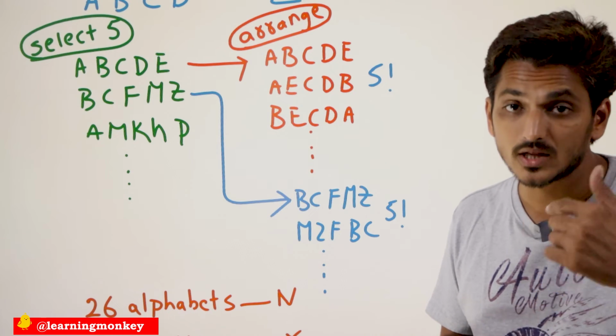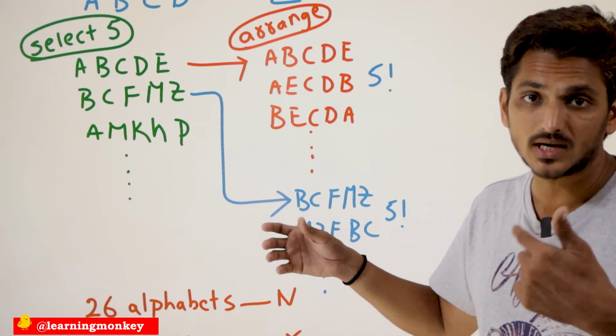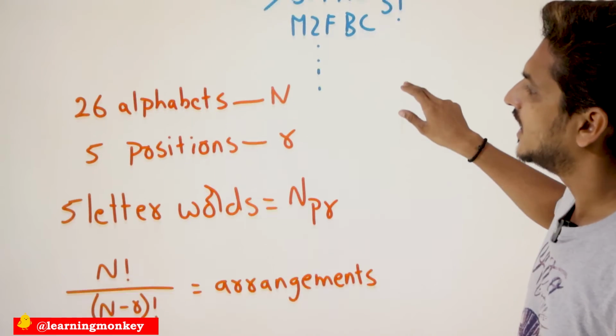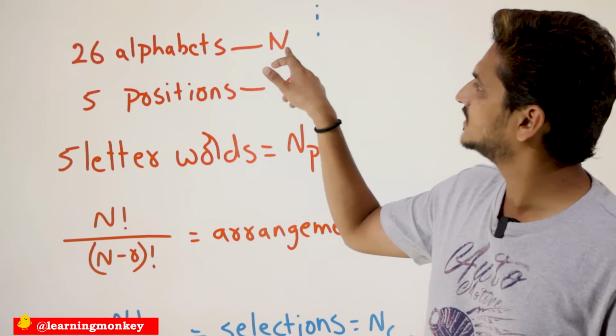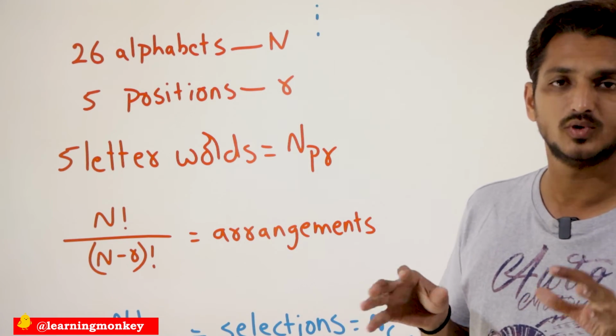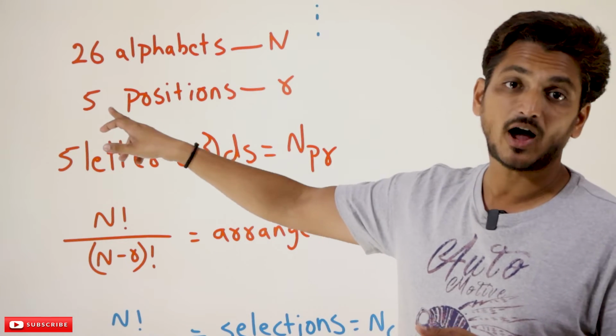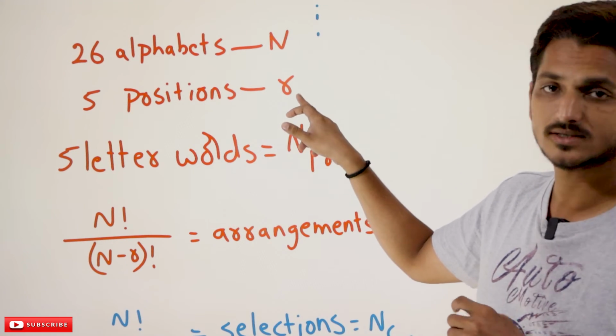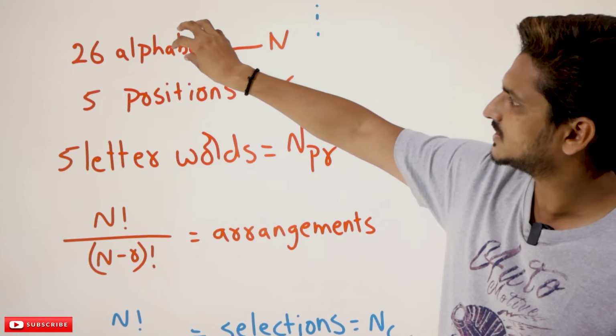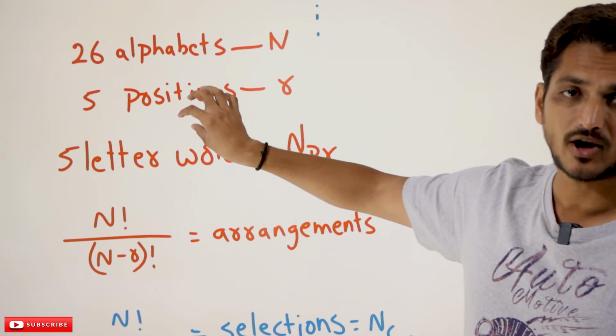Now with this logic we are going to understand the formula of selections. Let's take these 26 alphabets. This is the n value. We have 26 inputs, so we take it as n. 5 positions, we take it as r value. These 26 alphabets can be arranged in 5 positions.